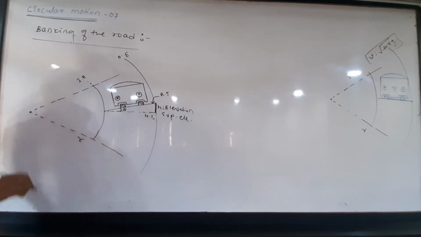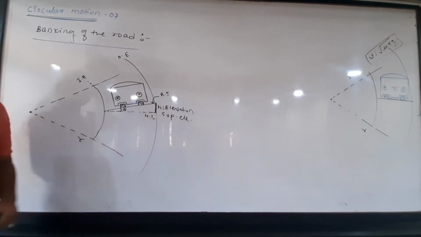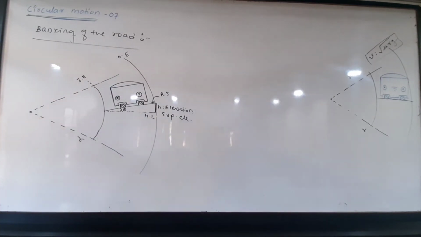See here, this is the vehicle passing over the curved banked road. Now what happens if roads are made inclined? If roads are kept inclined, then what happens?